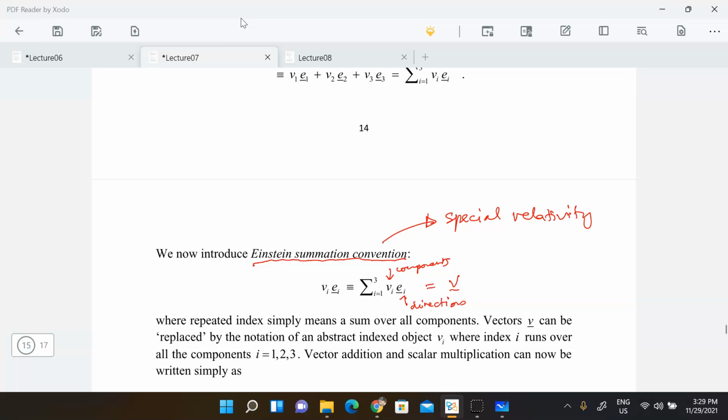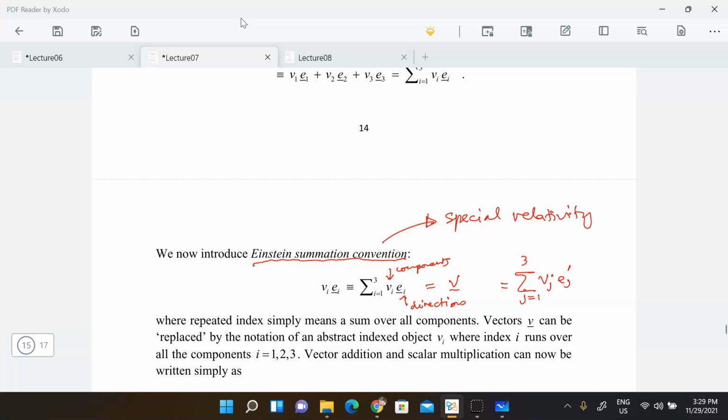And this is a sum over i. Now I could have written it with a different index, for example, sum over vjej, going 1, 2, 3 again. It's the same thing. Nothing is different apart from using a different symbol.